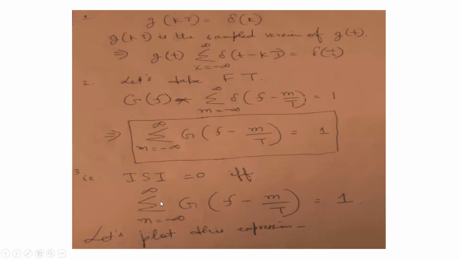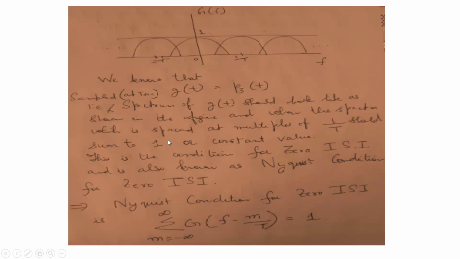This is the sigma, going from minus infinity to infinity. That means this is representing a spectrum which is repeating after every 1 by T frequency, right?